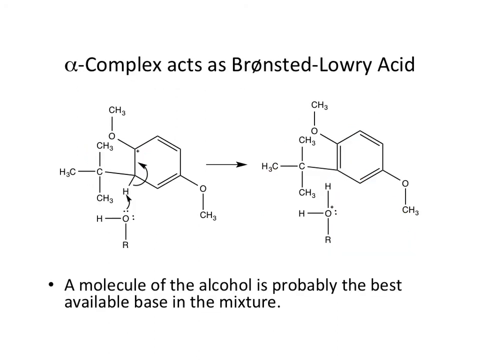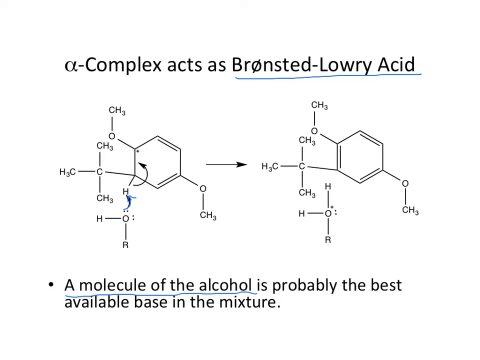Then, once we have that, our alpha complex can act as a Bronsted-Lowry acid. Probably the best base around is a molecule of the alcohol that is unprotonated. So a molecule of the tertiary butyl alcohol acts as the Bronsted-Lowry base.